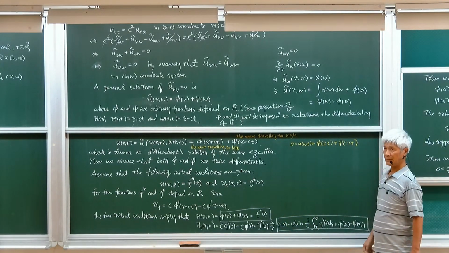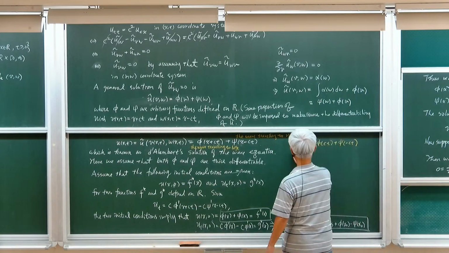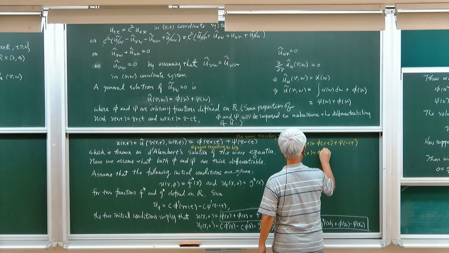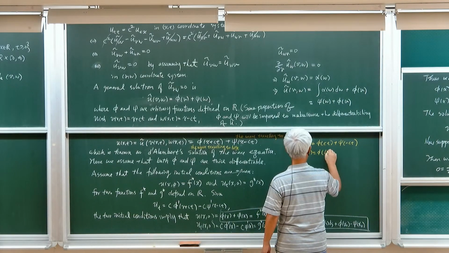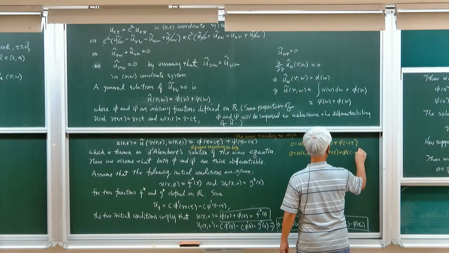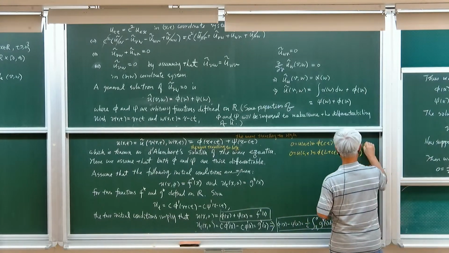Okay? Must be 0. And 0 is phi of L plus ct plus c of L minus ct, which must be 0. So they have to cancel each other for all t.